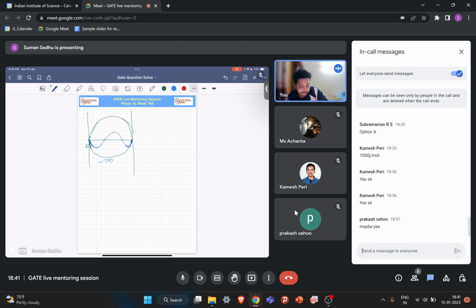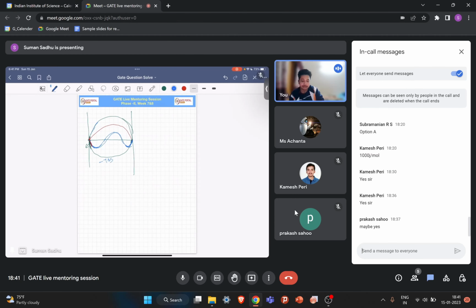This is because of the nature of your delta S curve. Never will your free energy curve look like this, because it can never go in the positive direction here. Always it will start from the negative direction and then go up.